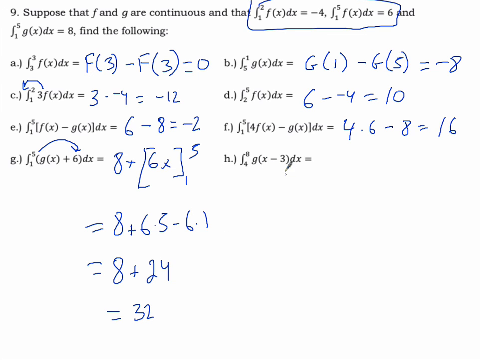Now this one is where we really need to think about the area, actually. This is a horizontal translation to the right 3. So if I translate this thing to the right 3, then the integral from 4 to 8 is the same as the integral from 1 to 5 of the original function. So that's just equal to 8.